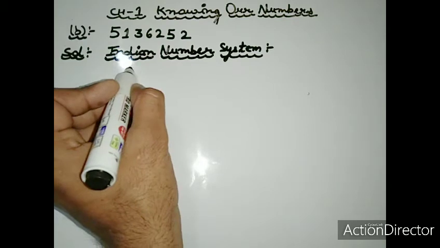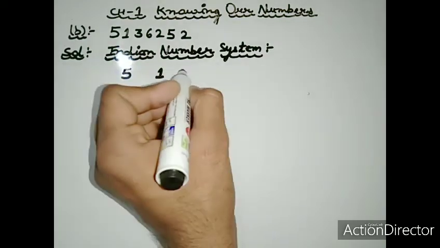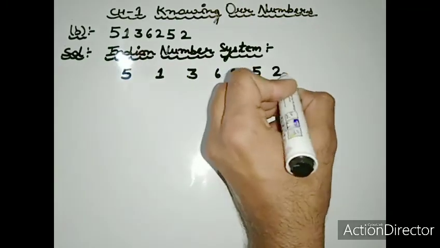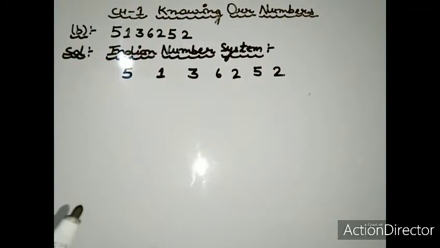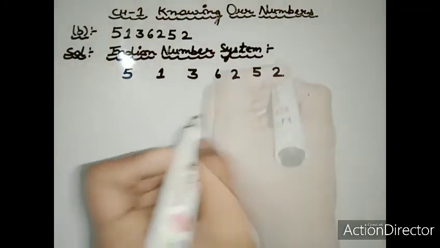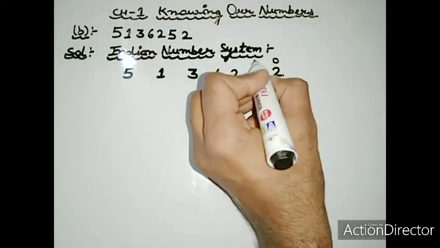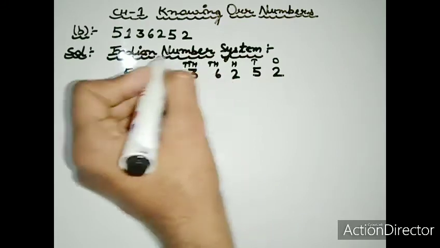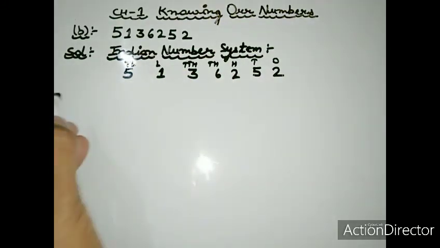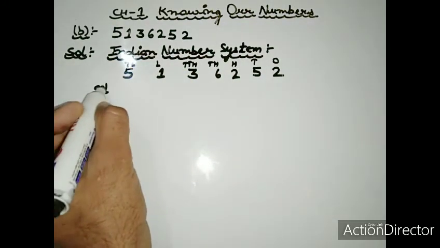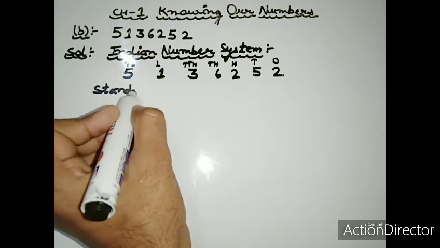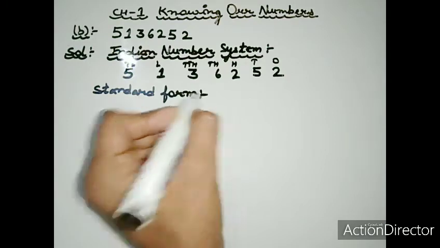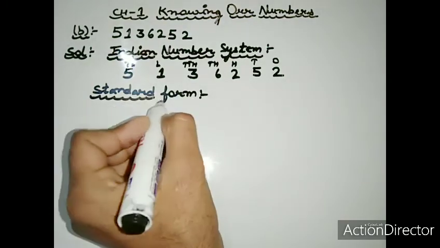So first we write this number here, 5136252. Now we write the places like ones, tens, hundred, thousand, 10,000, lakh and 10 lakh. First we write the standard form. Standard form of this number.